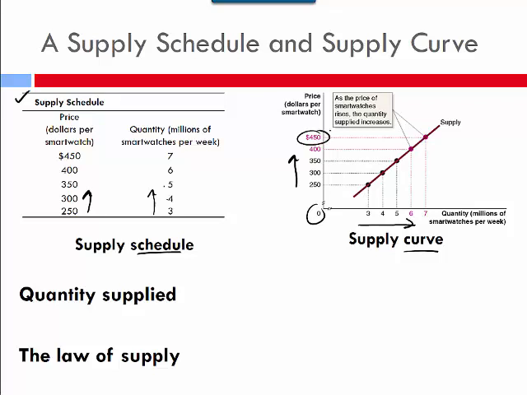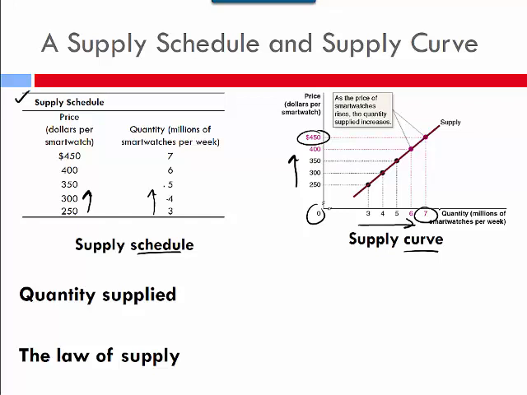So in general, the higher the price, the more profit they can make, and so they are willing to supply more. They will devote resources away from other things in order to produce these because there's a profit to be had there. So they're going to shift their resources to where they can make the most profit, and most of the time higher prices mean higher profits. So we see a positive relationship here.